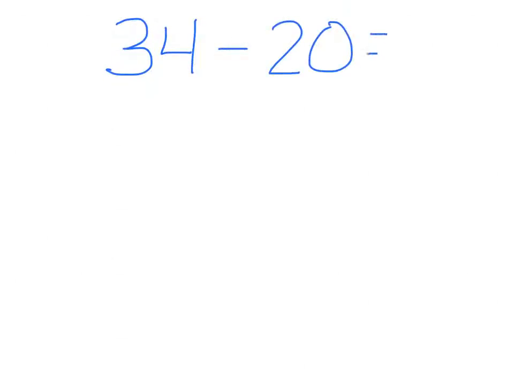But what happens if I want to subtract rather than add? So my problem then becomes 34 take away 20. If I have 34 and I'm going to take away 20, then let's see, I'll have 10, 20, 30, 31, 32, 33, 34, and I'm going to take away 20.